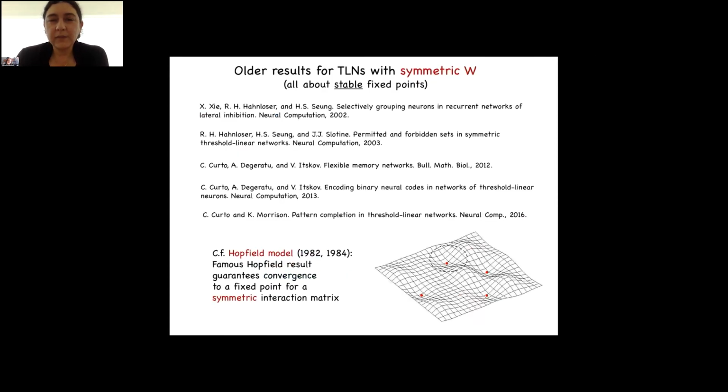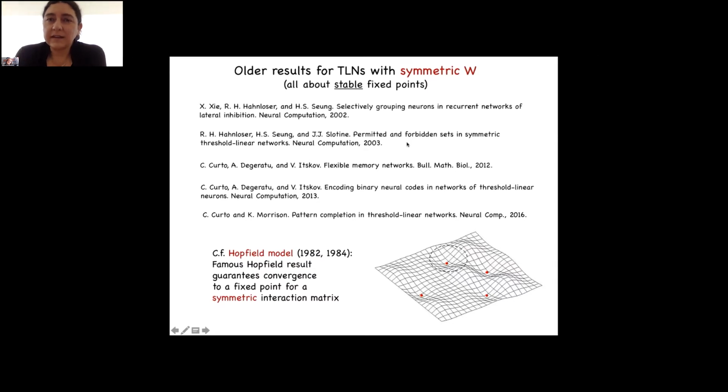So there are some older results about these networks that I should acknowledge. First of all, about 20 years ago, I would say this is where the mathematical theory really started taking off, with the work of Sebastian Seung, Hahnloser, Slotine, and others. And they wrote some lovely papers proving some basic theorems about these networks in the symmetric case. So again, like with the Hopfield model, they first focused on the symmetric case, and they cared about stable fixed points of the dynamics.